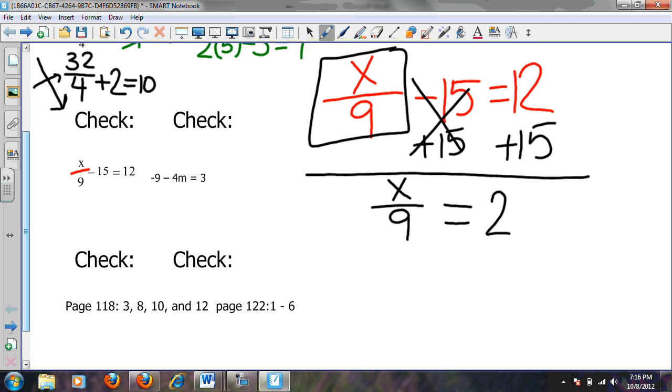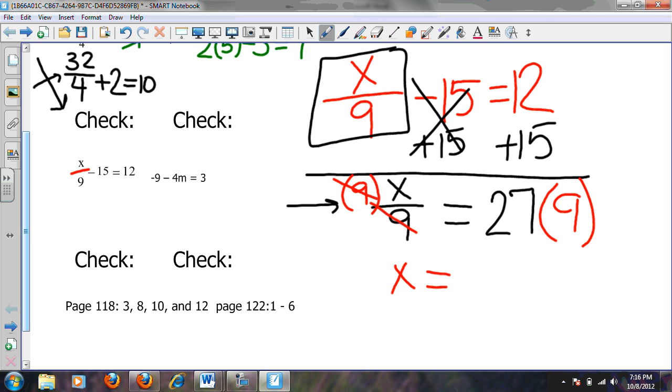That is 27. Now, this is x divided by 9. The inverse of dividing by 9 is multiplying by 9. Those, in fact, will cancel because they equal 1. But I have to do the same thing to both sides. So I need to multiply 27 times 9.